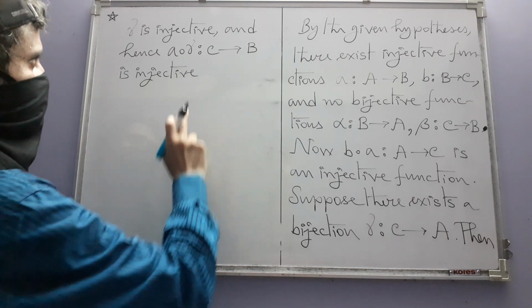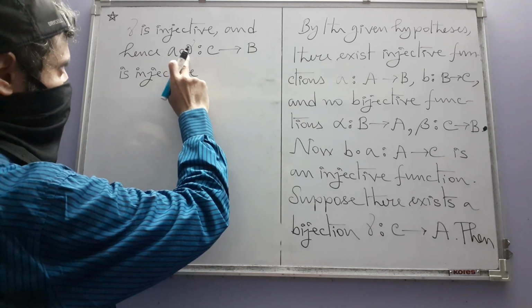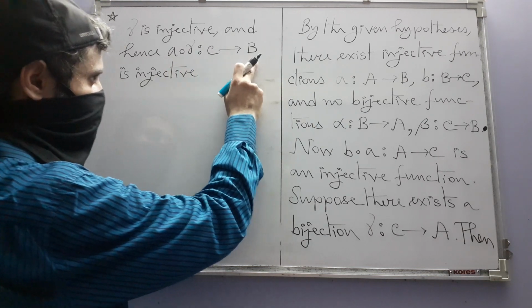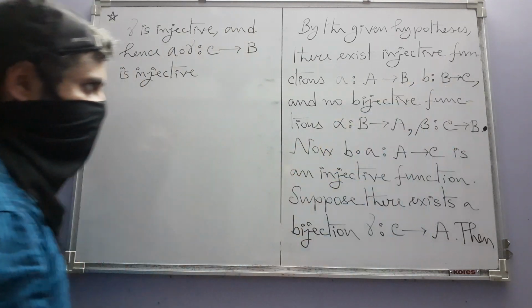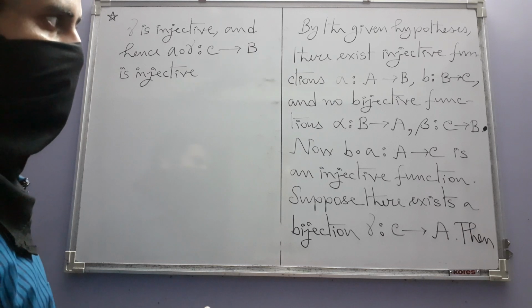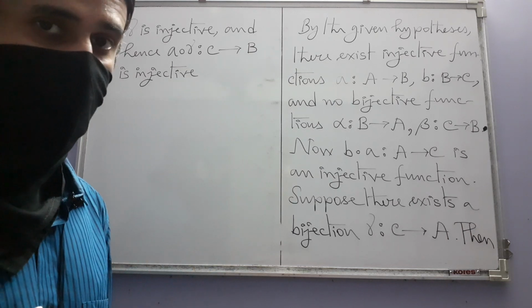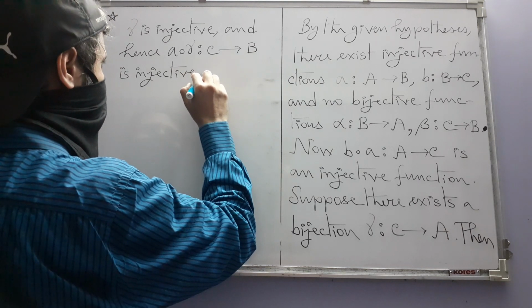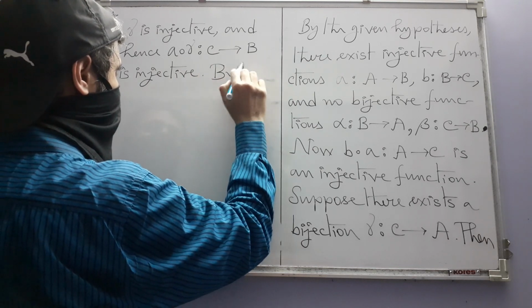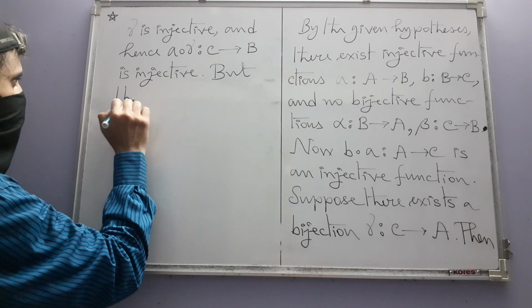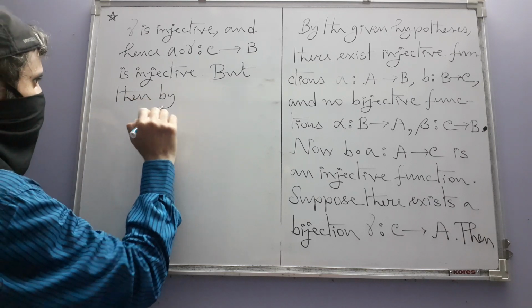So now note that we have found an injective function from C to B, but already we have another injective function from B to C. So we are able to use the Schroeder-Bernstein theorem.